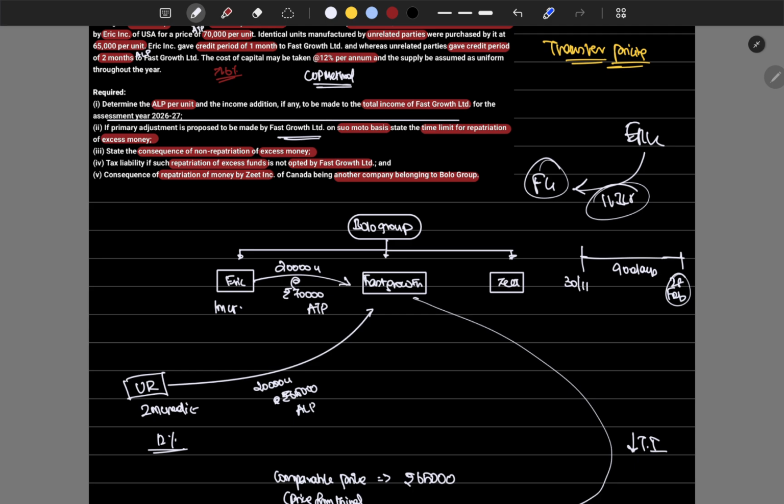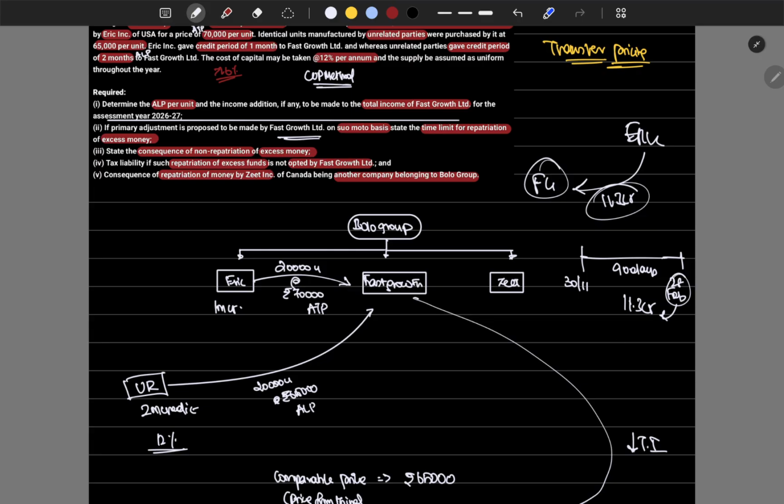If the 11.3 crore is not repatriated till this date, then the company has to face the consequence of paying tax on interest income.